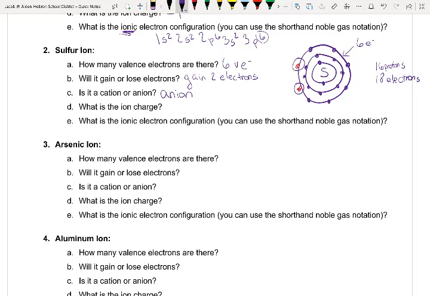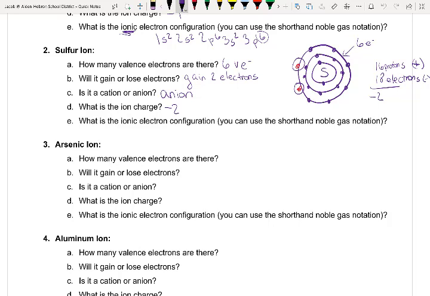We've talked about how protons are positively charged, while electrons are negatively charged. So when you figure this out mathematically, you're going to have 16 positives and 18 negatives, which gives you that -2. So this is where this negative charge is coming from, -2. Again, it's also because these 2 electrons are being added in.